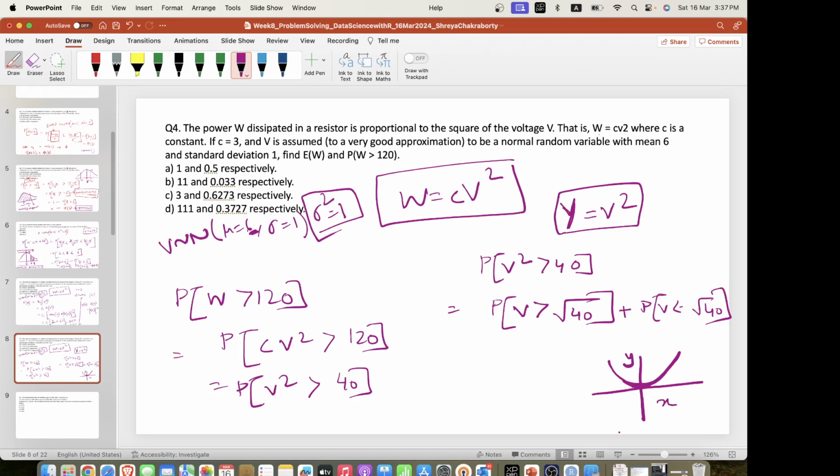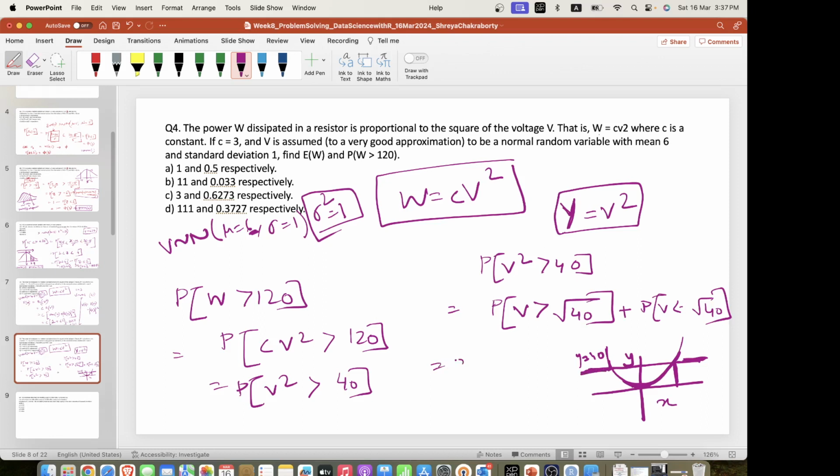This is the parabola that we have. So y equal to 40 means if this is y equal to 40 and the area above this, then x should be either greater than root 40 or x should be less than minus root 40.